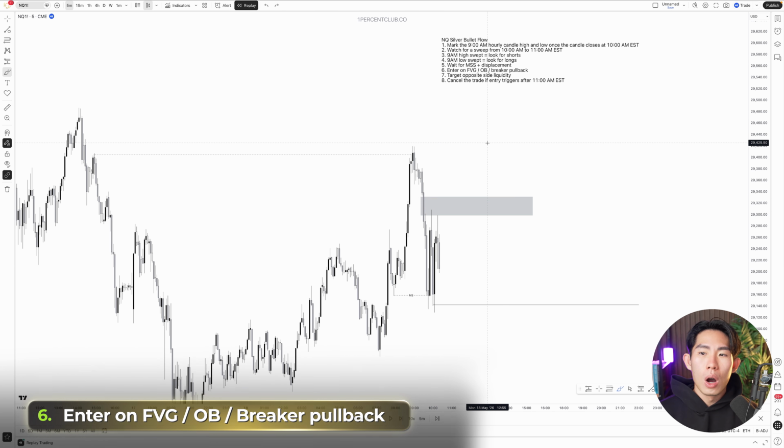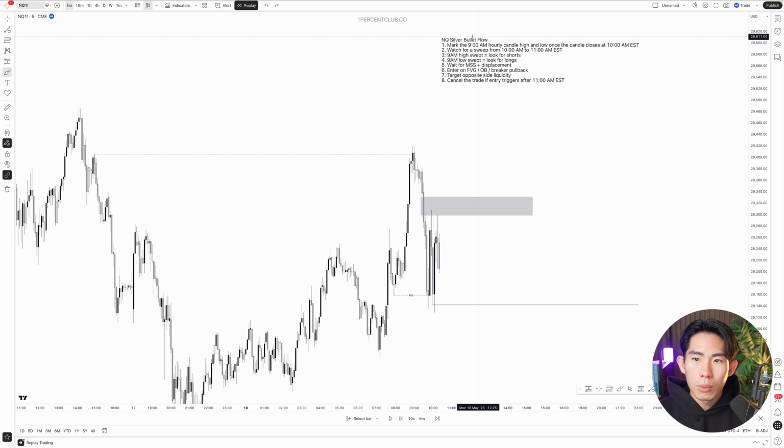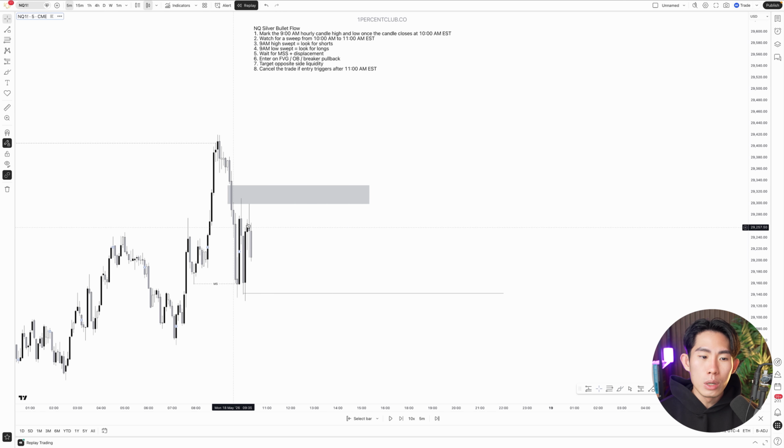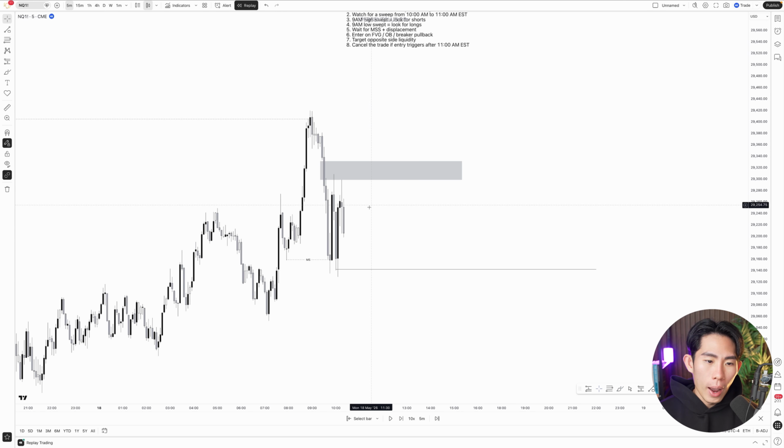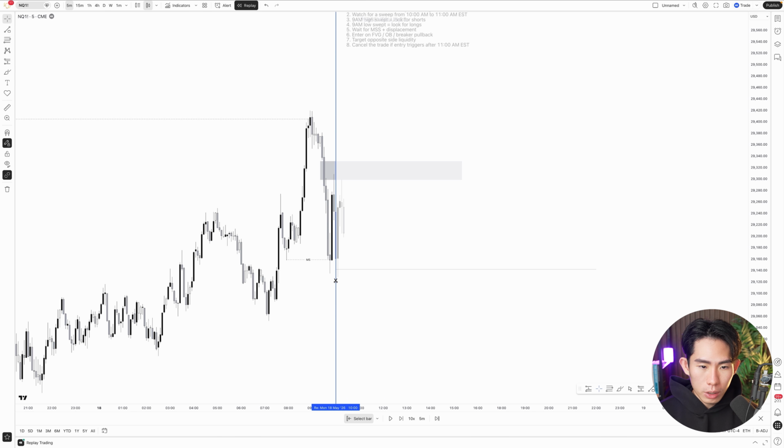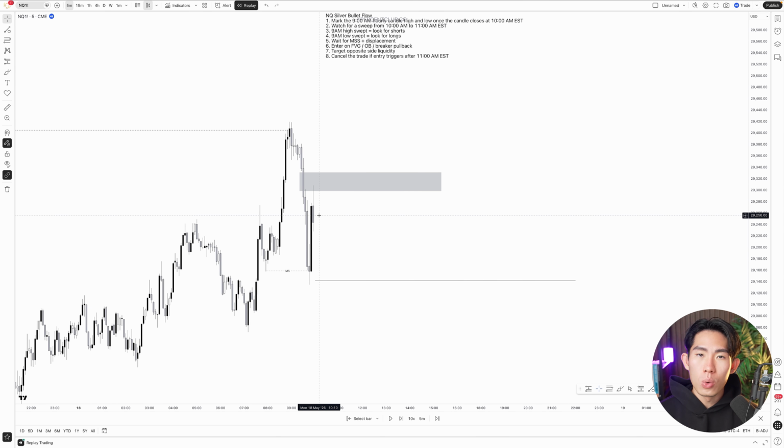But if you are already trading after 10 a.m., which means you follow this framework right here, you have missed out on this opportunity to look for a short. This is where your second window of opportunity has opened, where you could have entered for a sell right here if you were trading during that New York session.